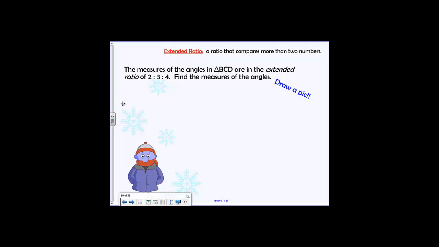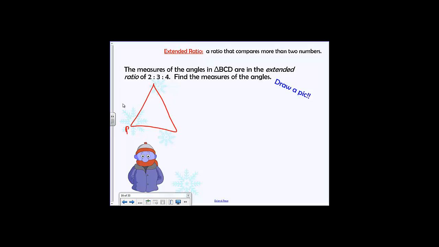So I tell you, the measures of the angles in triangle BCD are in the extended ratio 2 to 3 to 4. This is my extended ratio right here, 2 to 3 to 4. Find the measures of the angles. So what do we have? What's my picture? It's a triangle.